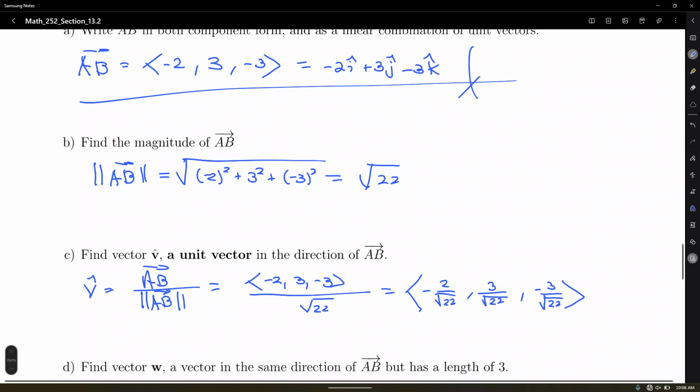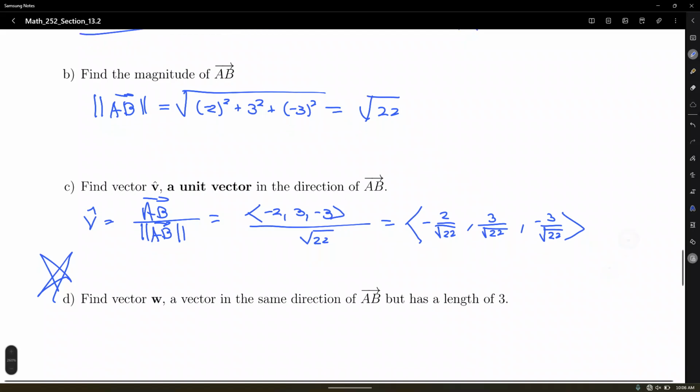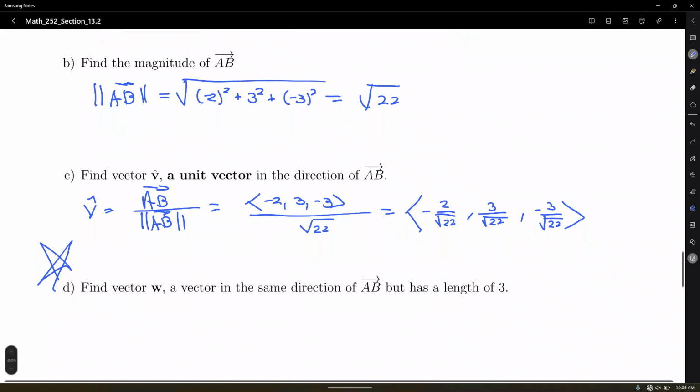All right, now a tricky part, and actually this is a very typical quiz and exam question. Find another vector, w, a vector in the same direction as AB, but it has a length of 3. Well, the initial given vector is not a unit vector. It's a vector of length root of 22.